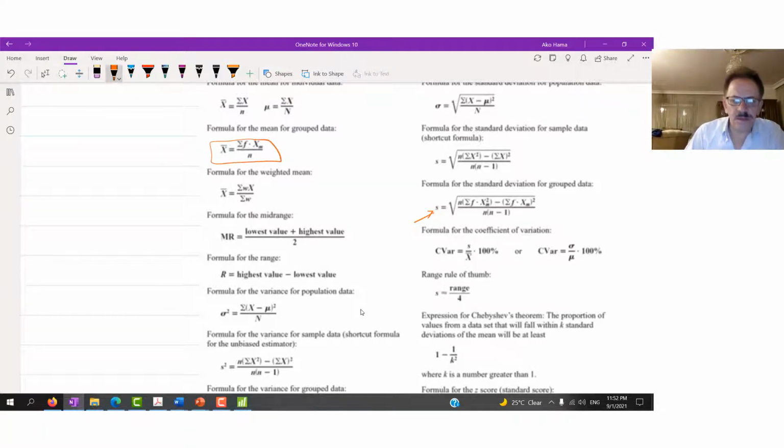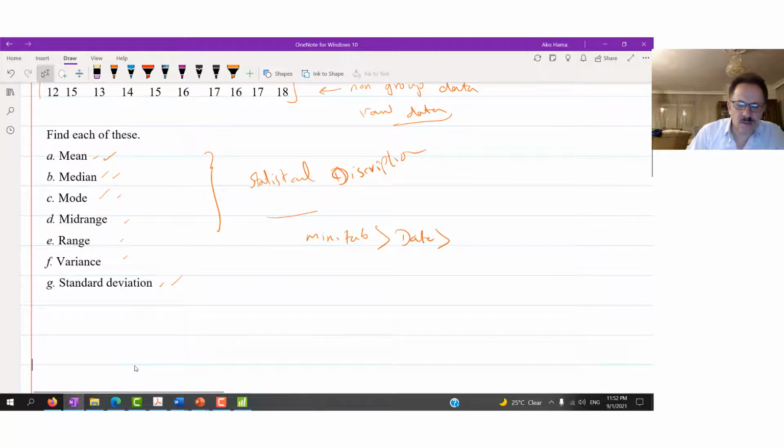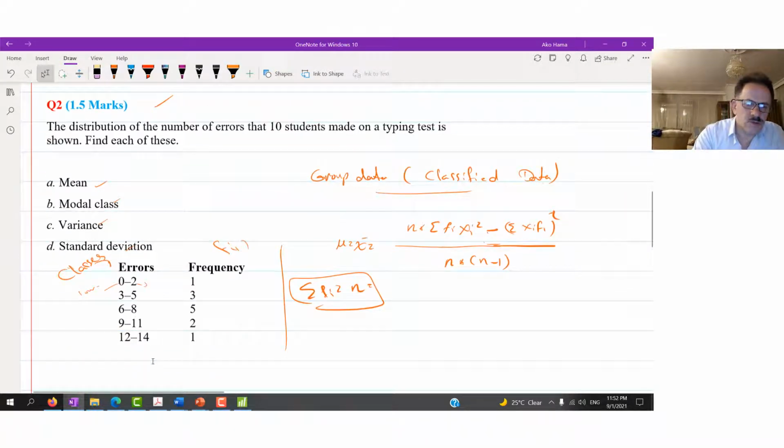What about the mean? This is the mean. When we need to find the mean, what should we do? The mean is equal to summation xi fi divided by summation fi.